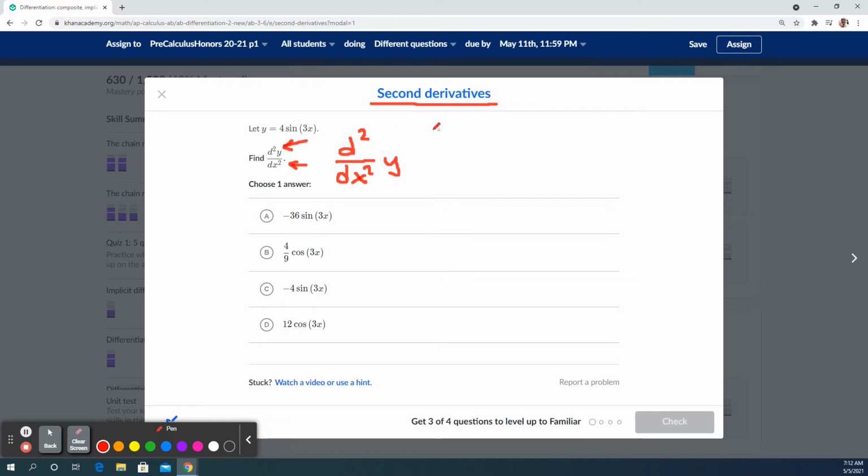So first, let's find d/dx of y. So this is the first derivative, and then we'll find the second derivative. All right. So the first derivative here, I'm not going to worry about the 4. The derivative of sine is cosine. We repeat what's inside the trig function, which is 3x.